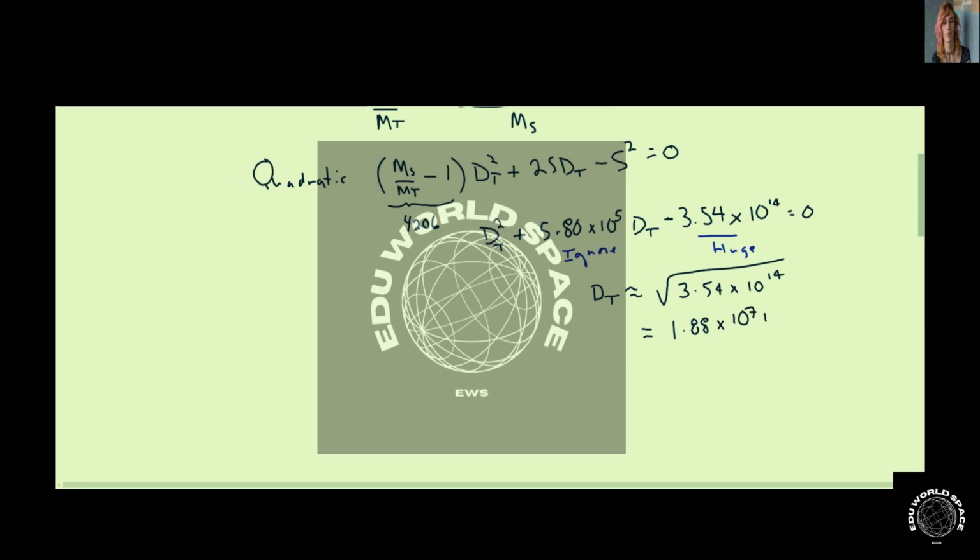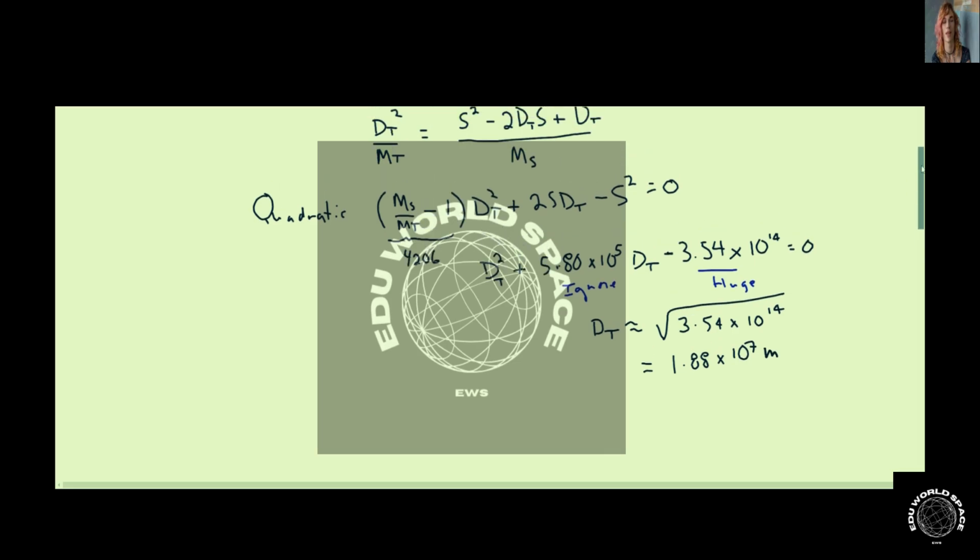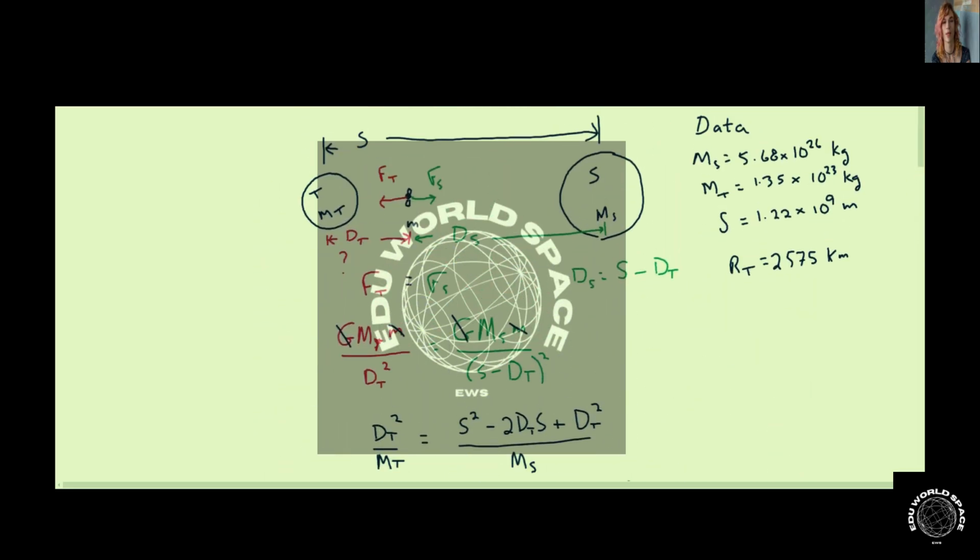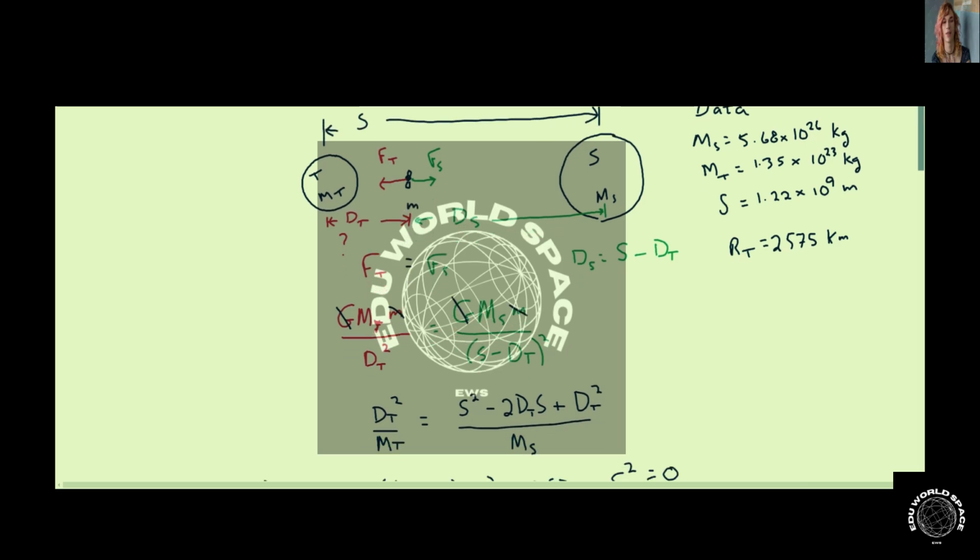And why I did that is to make sure that I did not come up with a solution that put the spacecraft inside of Titan itself. That is, I wanted to make sure that it was at least one radius out from the center.